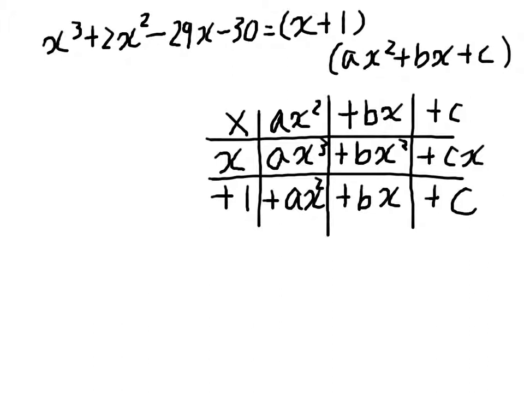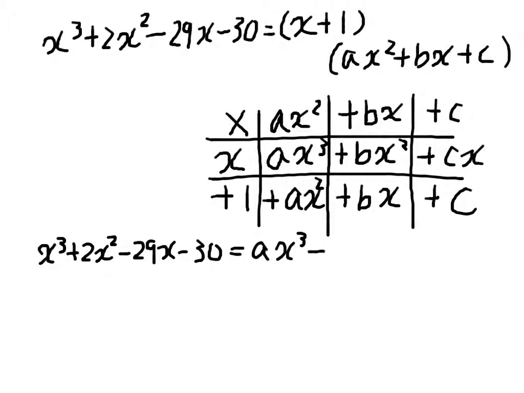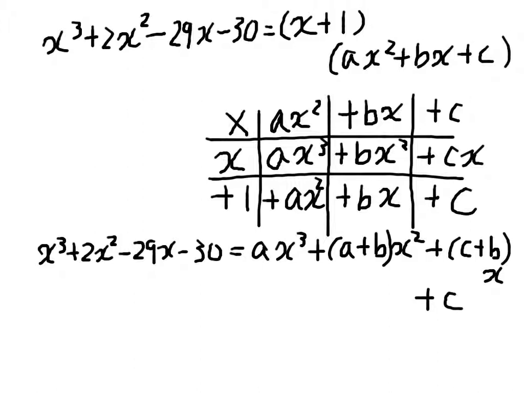So I can say that x cubed plus 2x squared minus 29x minus 30 must equal ax cubed plus, I'm going to do this part now, a plus b x squared plus c plus b x term plus c.